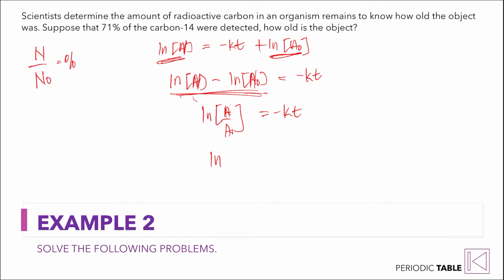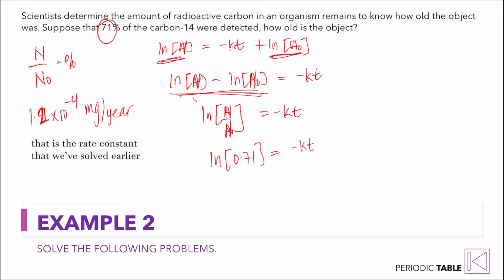So K. So anong gagamitin natin K here? So pinag-usapan natin dito is carbon 14. So pretty much we will use the K na nasolve natin kanina, which is the 1.41 times 10. Is it 1.41? Let me check. Oh, it's 1.21. It's 1.21 times 10 raised to negative 4 milligram per year. So, solving for the T, or how old the object was.